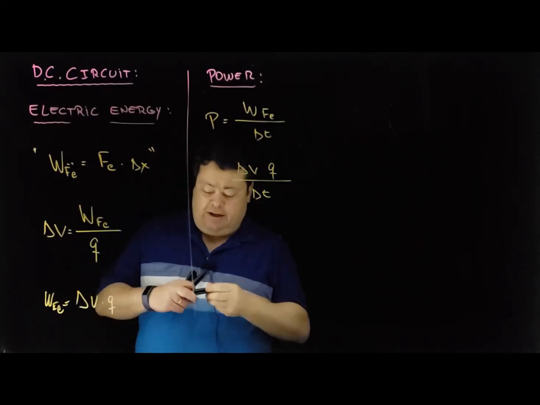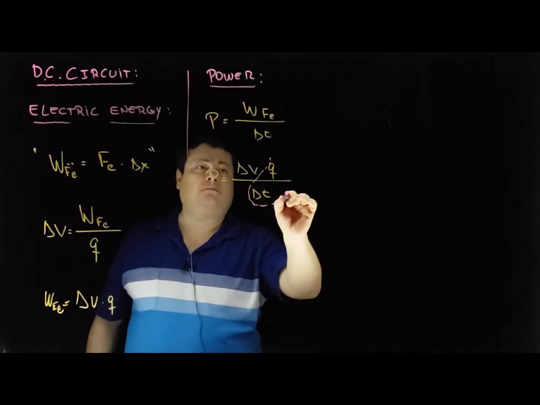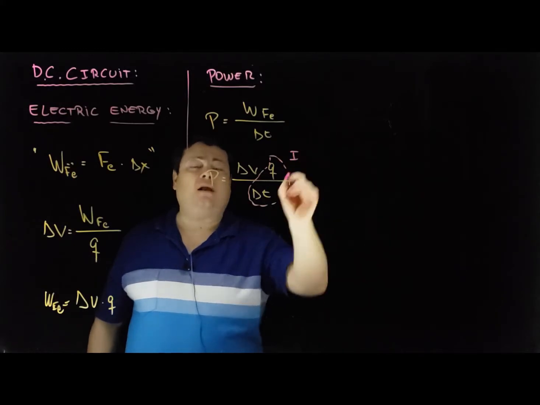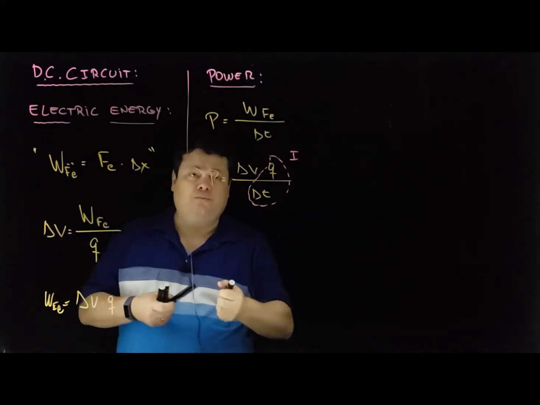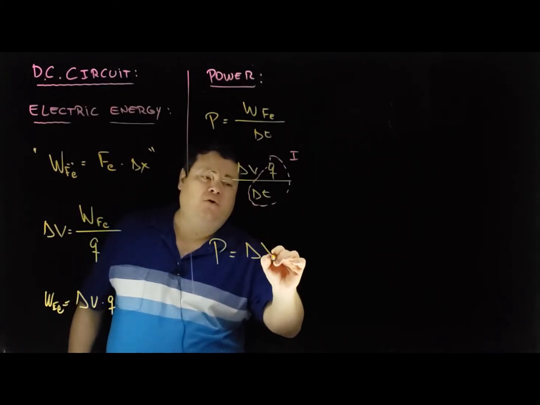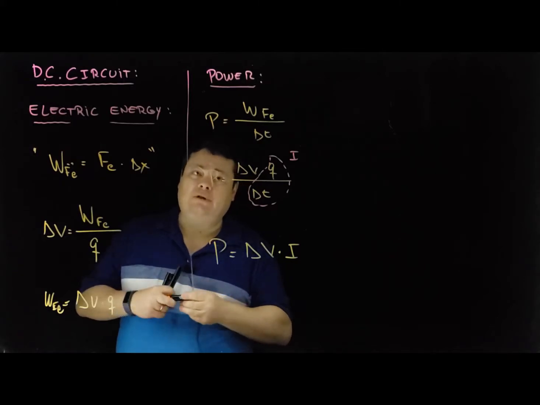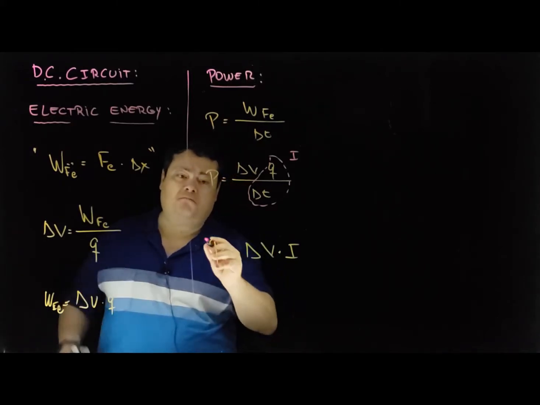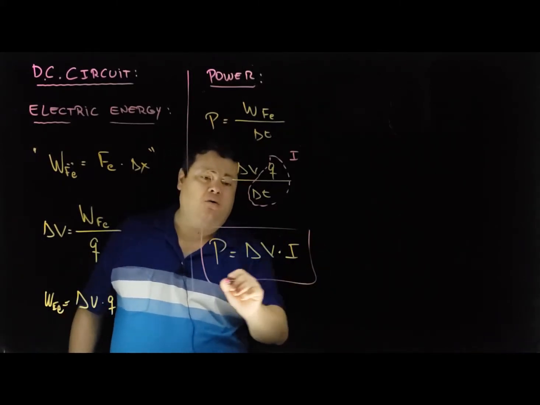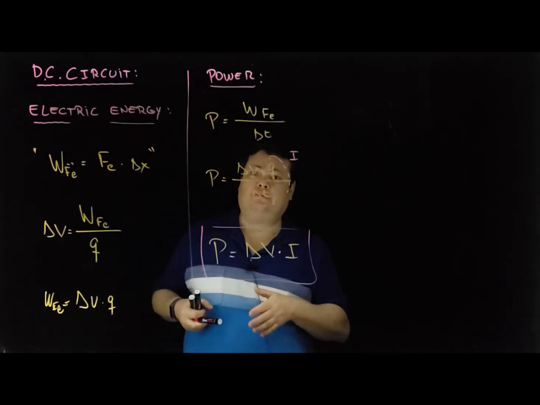And we can identify that charge over time is actually electric current. So power is voltage multiplied by electric current. This is my way to calculate the electric power dissipated in an electric circuit.